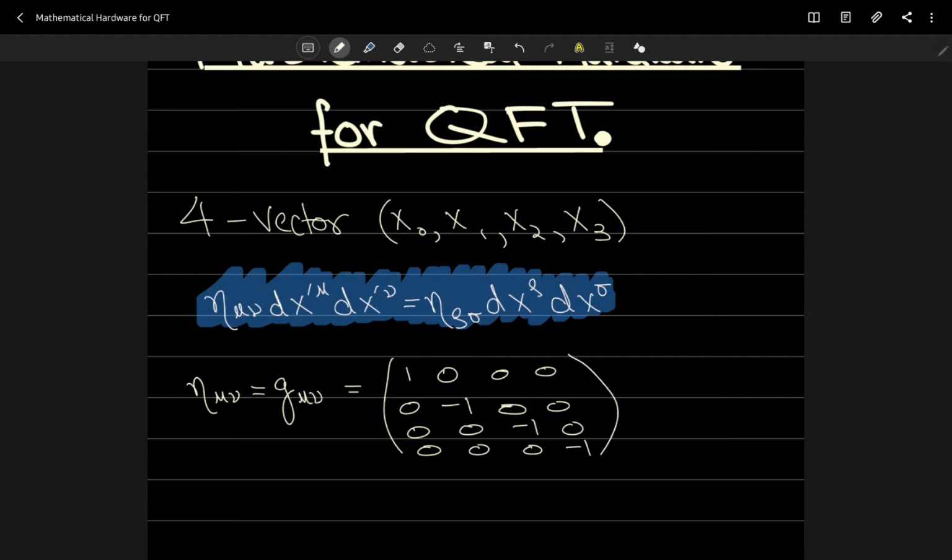Basically we have a positive 1 for the time part, and for the spatial part we have the metric as -1, and all the other entries are 0.